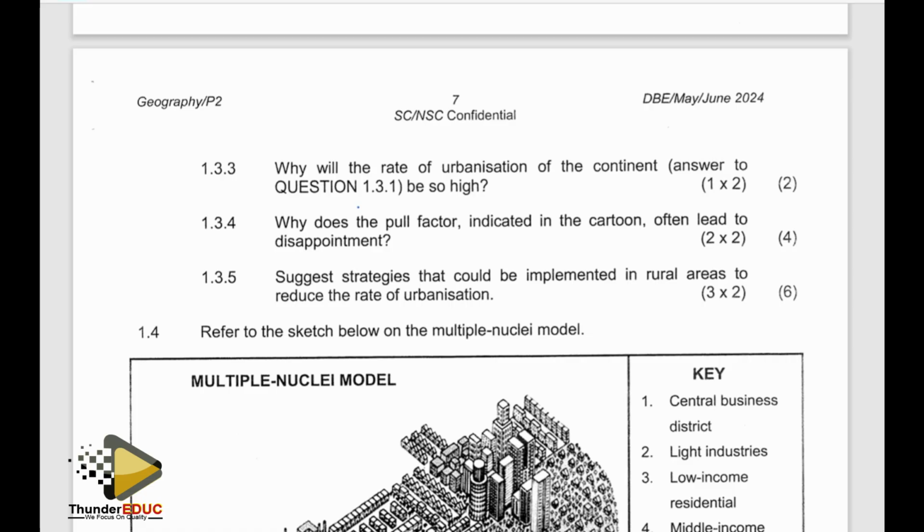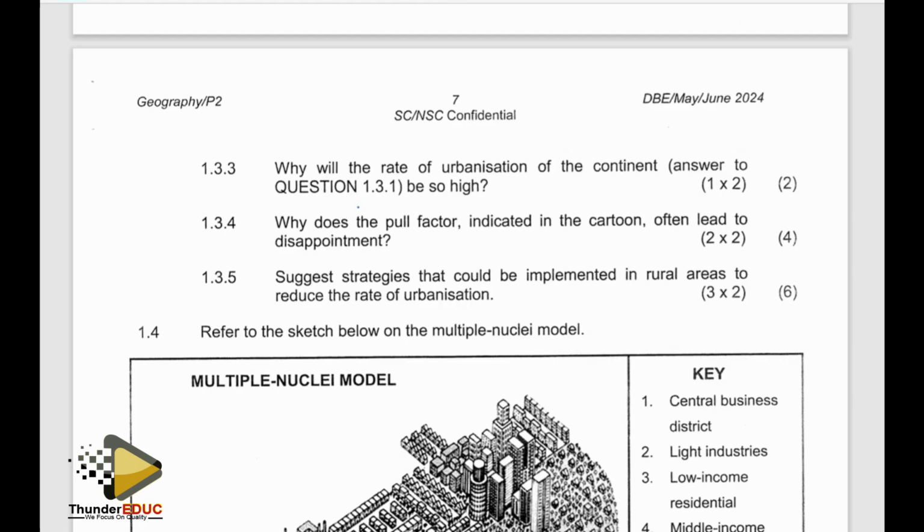We talk of provision of basic services like education. We talk of electrification programs for rural areas. Provide electricity, provide clean water, provide basic sanitation in the rural areas. Those are some of the measures that can be implemented to try and retain the rural residents in their original space.